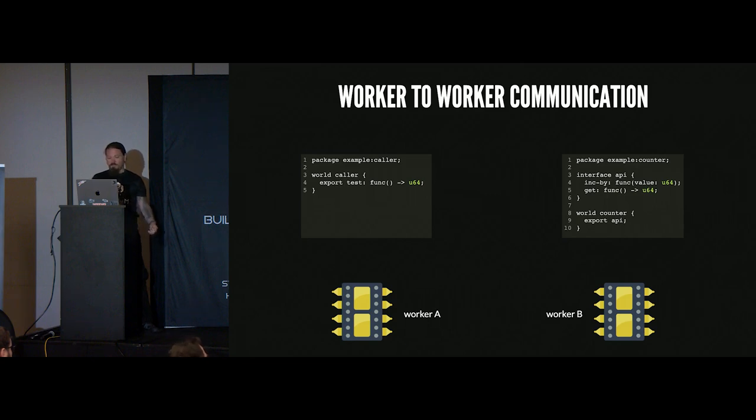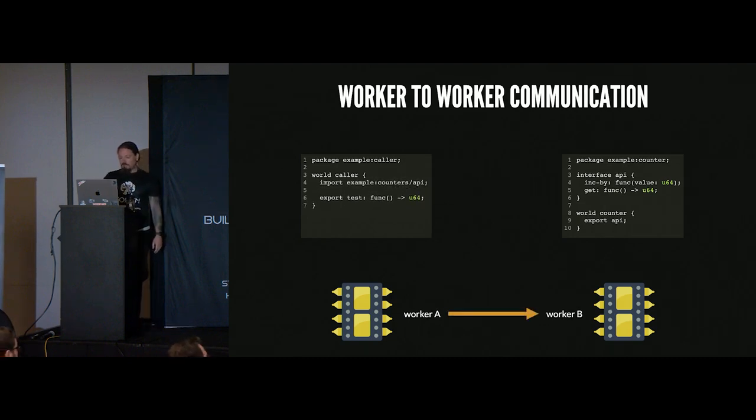And yeah, we want to call this increment and get function a couple of times from the test function. So the first idea that we can have is to just use the component model, import the counter's API into the caller. And that would, with the help of the binding generators, allow us to just use a regular function call to call these increment-by and get functions.